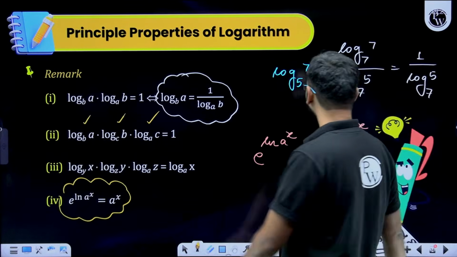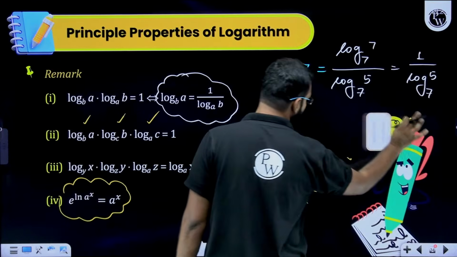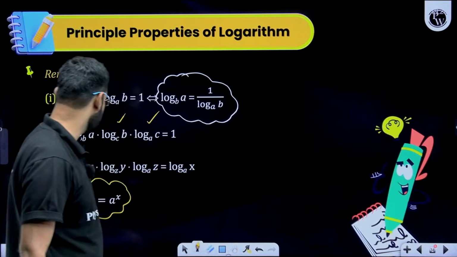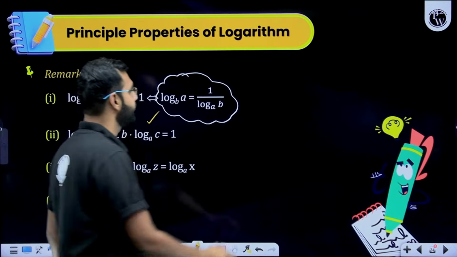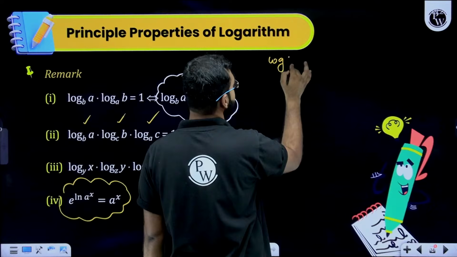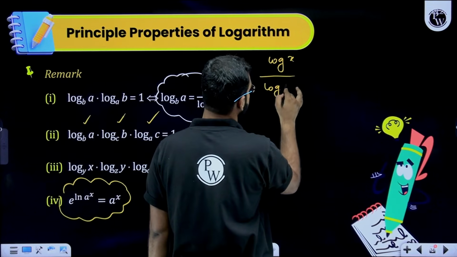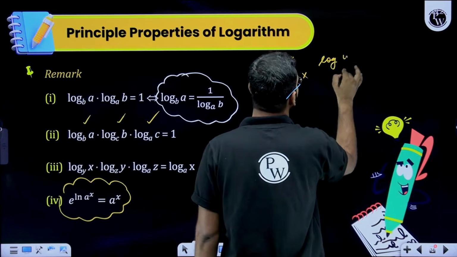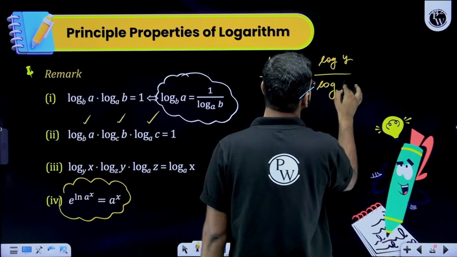Let me do this part as well so that you get more clarity and you don't get confused with this. This next part, this third property also I'll explain. Log x base y, can I write that as log x by log y? Into log y base z, can I write that as log y by log z?